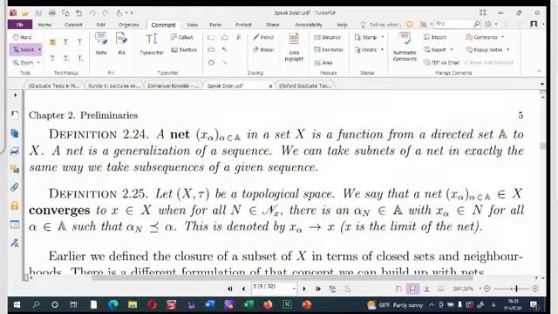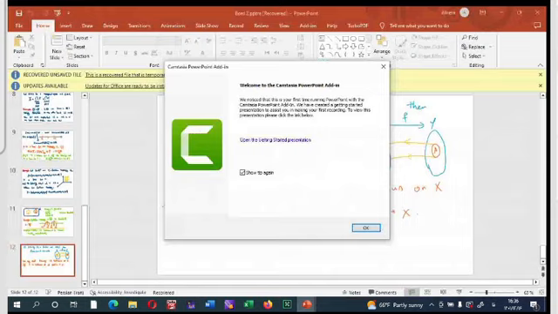We say that a net such as this converges to X when for any neighborhood of X, neighborhood of this limit point, there is an index such as alpha n, such that for any alpha with this property, x alpha belong to n.